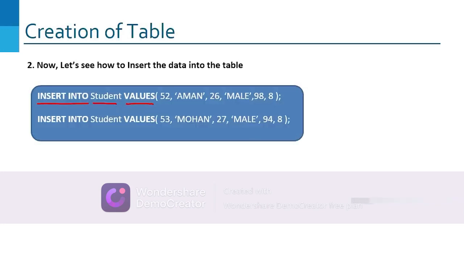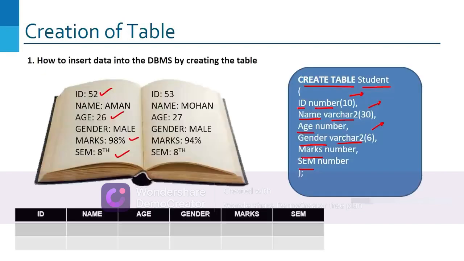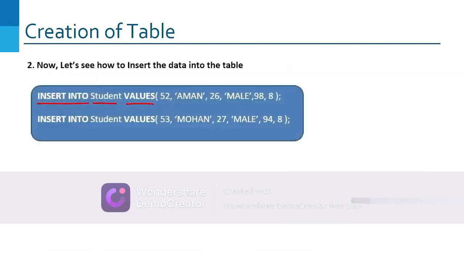So in the creation of the table, if you remember, we were using ID, name, age, gender, marks and SEM. And in the same manner, I am going to put it here also. So we have ID, name, age, gender, marks and SEM, right? This is how you put it.